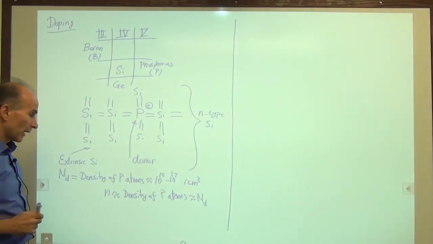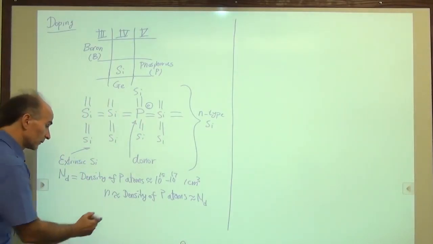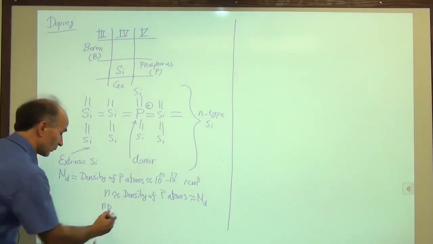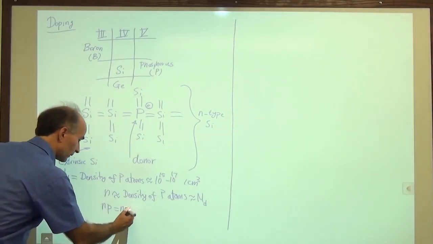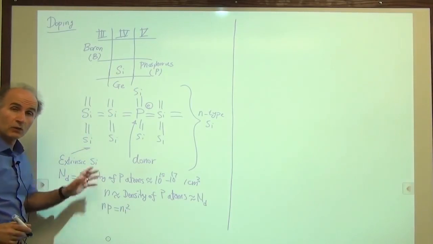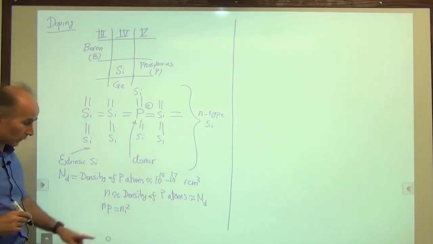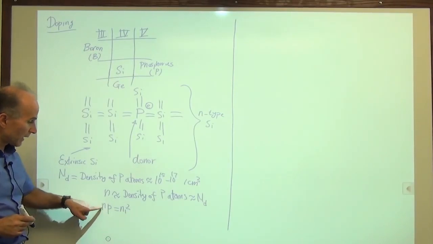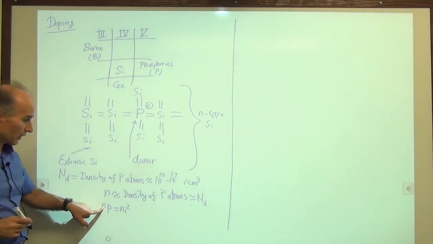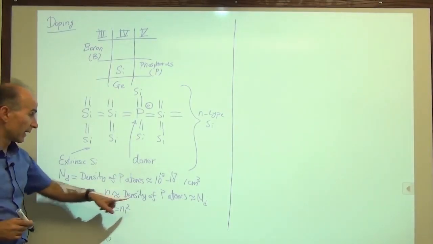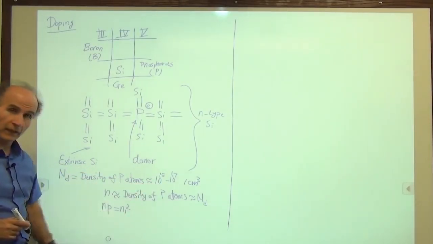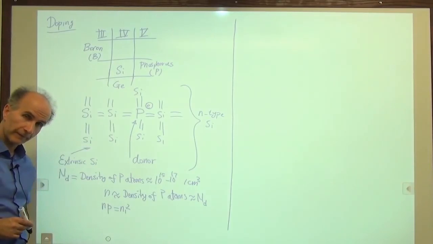All right. And it turns out that also we have N times P is equal to Ni squared. Even this is no longer pure silicon. Of course, we saw that for pure silicon before. But even though N has gone up so much, N used to be 10 to the 10, now it's, for example, 10 to the 15, this product is still equal to Ni squared, the Ni that we had before.